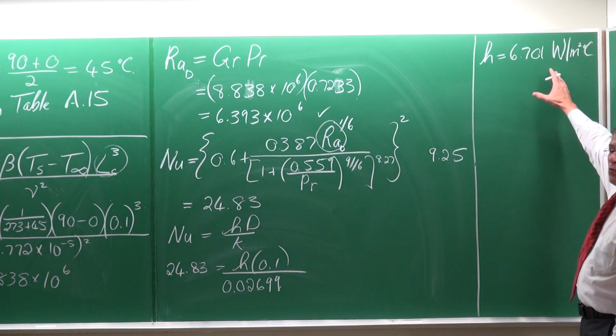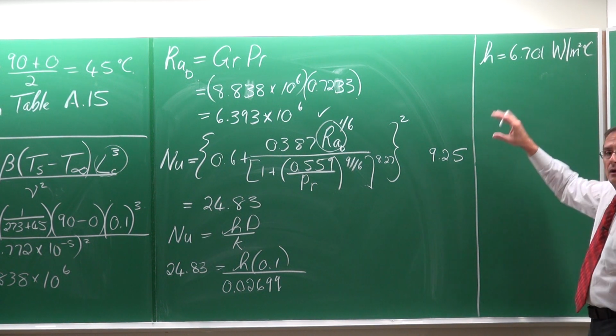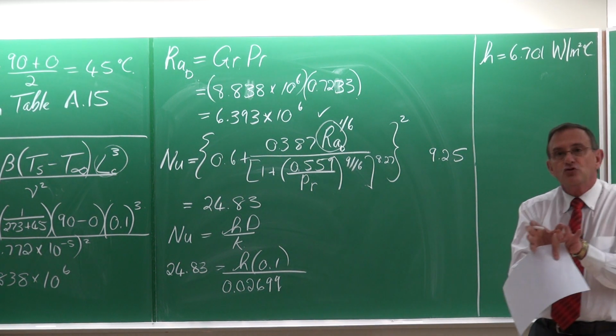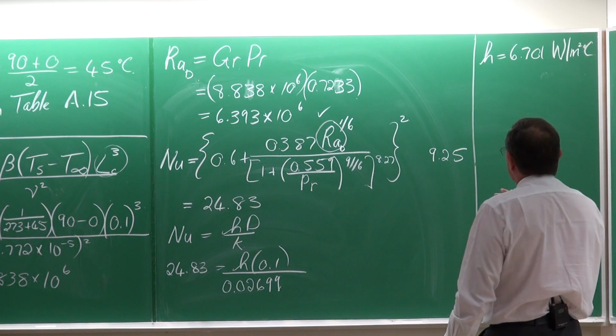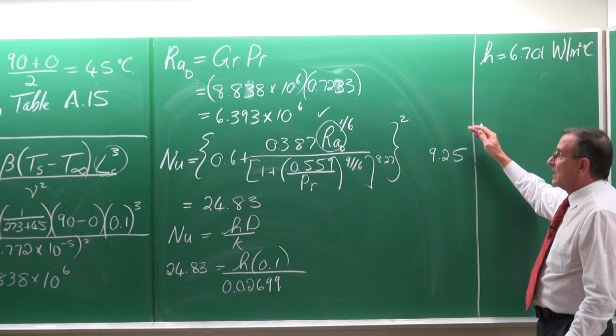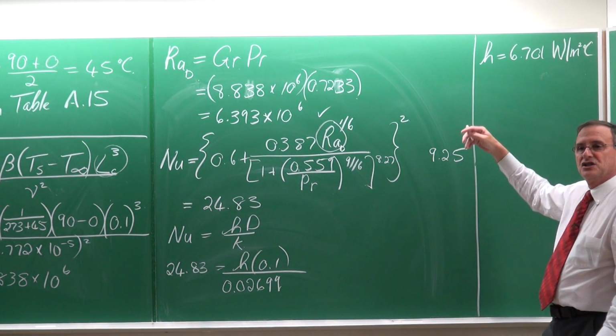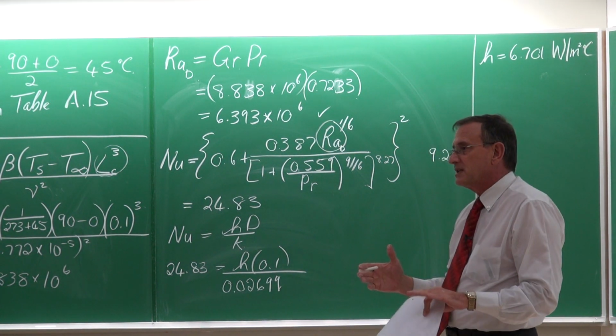Now in chapter 1 of your textbook, or chapter 2, I don't know if you can remember, when the three different modes of heat transfer were discussed, a table was given of typical values of heat transfer coefficients. And an answer like this is actually very important in terms of the range, what you can expect.